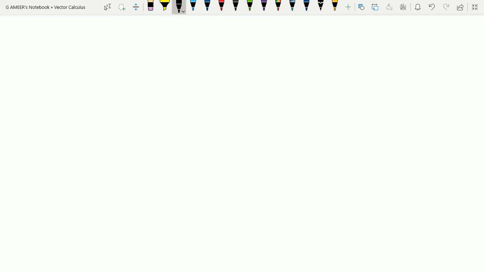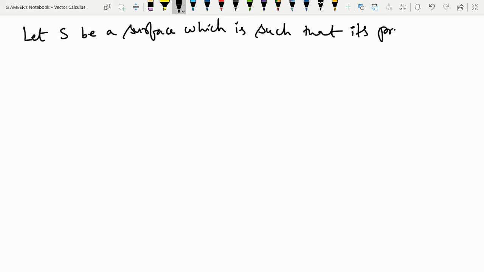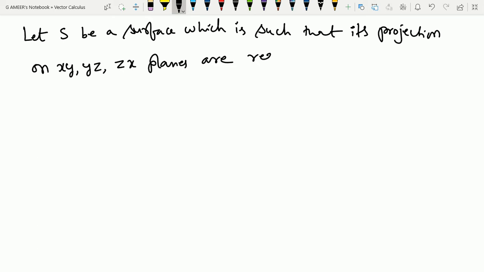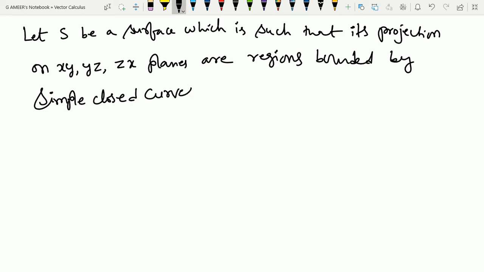Let S be a surface such that its projections on the xy, yz, zx planes are regions bounded by simple closed curves.